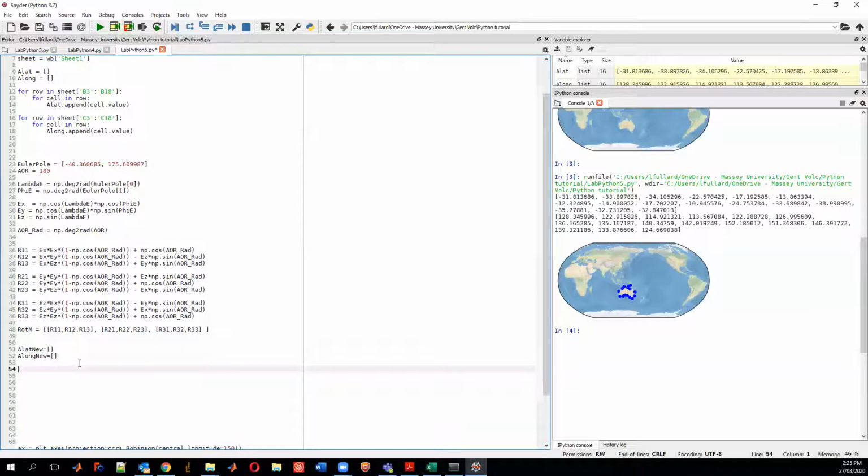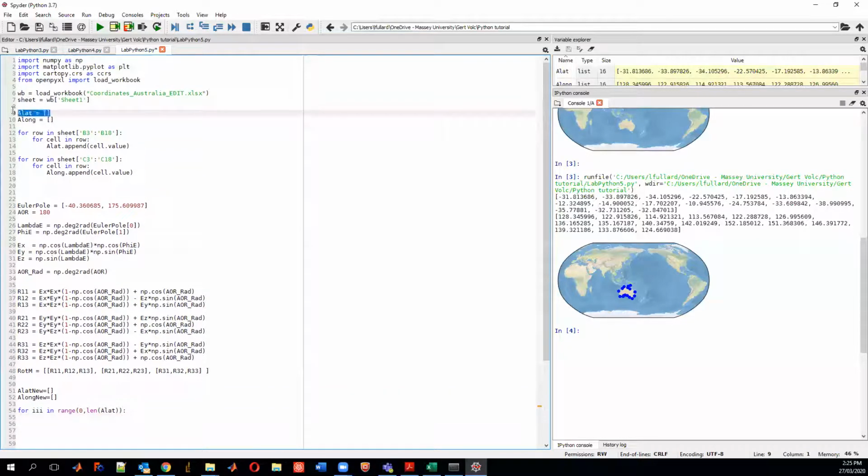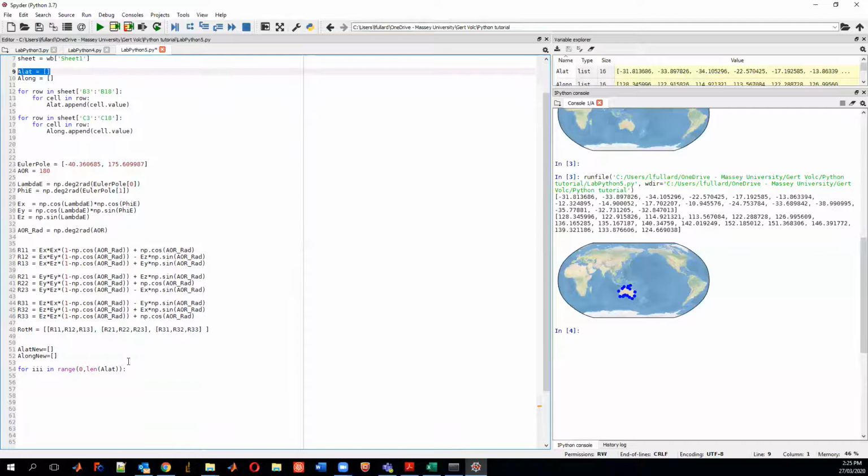Okay, so I'm going to iterate over all the points in my Excel spreadsheet. So for i in range 0 to the length of A lat, where if you recall A lat is the array that we stored all the Excel latitude data in.